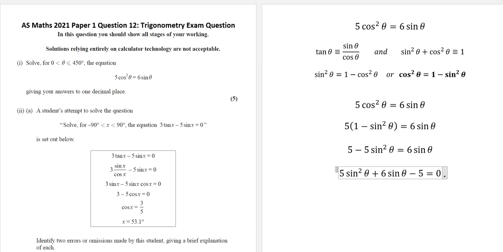This should remind us of quadratic equations, because it's got a constant, it's got a thing, and it's got the thing squared. And in fact, if it makes it easier for you, you can even make a little substitution, that s equals sine theta, for instance. And then you'd be looking at 5s squared plus 6s minus 5 equals 0.